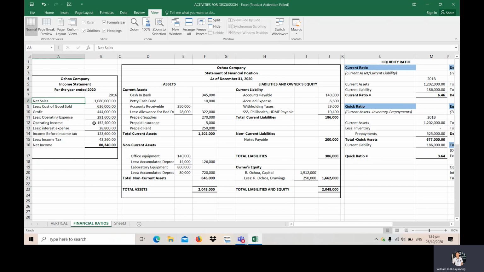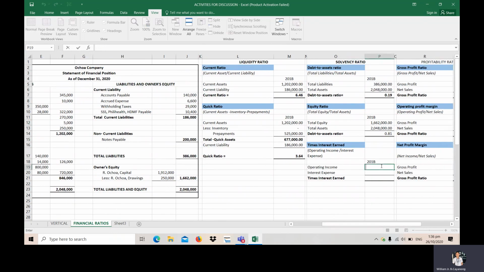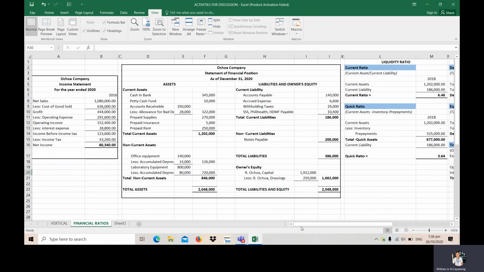We can get operating income after deducting the operating expenses from the gross profit. So here, our operating income is 152,400. Let's put it here, 152,400 divided by our interest expense. Our interest expense here is 28,800.